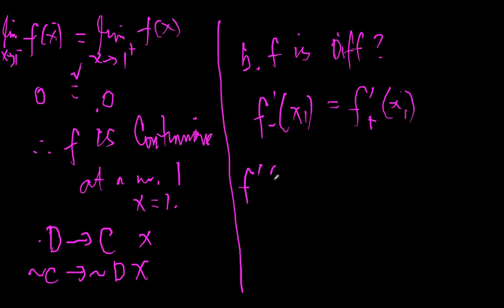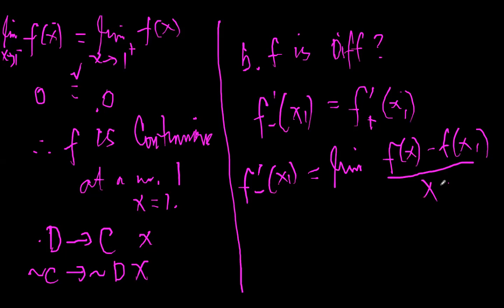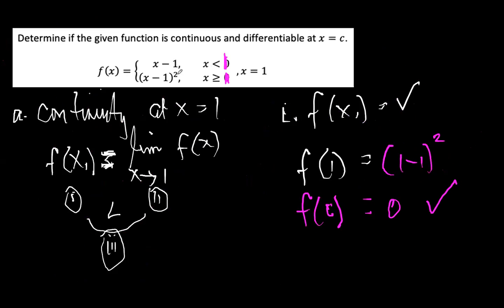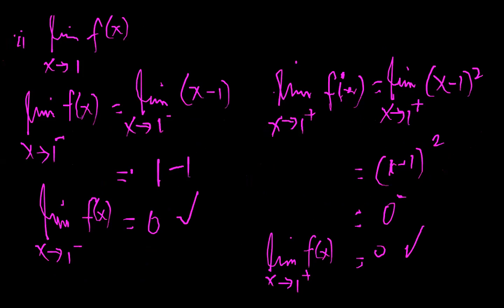So f prime at 1 from the left is equal to the limit of f of x minus f of 1 all over x minus 1 as x approaches 1 from the left. Okay, now since we're talking about all the values of x from the left of 1, let's check the function again from the left of 1, so that's x minus 1.